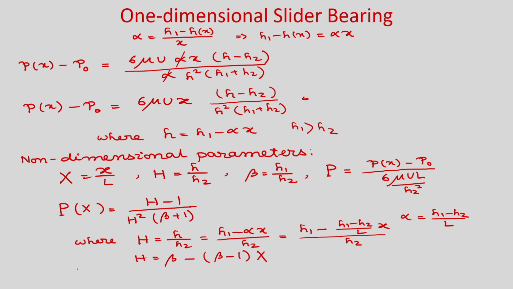So, when H1 is equal to H2 is equal to H, that means you have two parallel surfaces. Okay. So, that means the gap is uniform. So, P x will be P naught. So, everywhere the pressure will be the same, that means the gauge pressure will be 0.